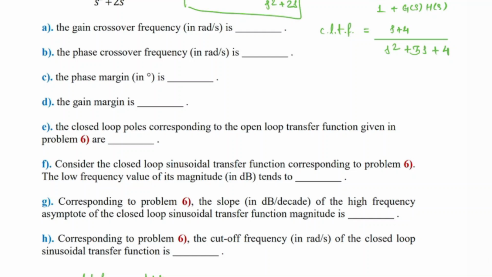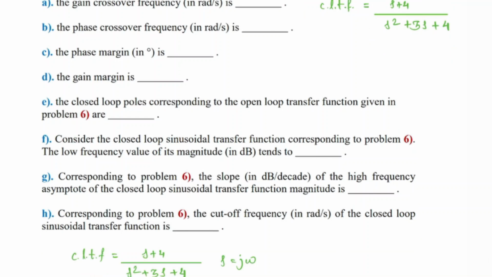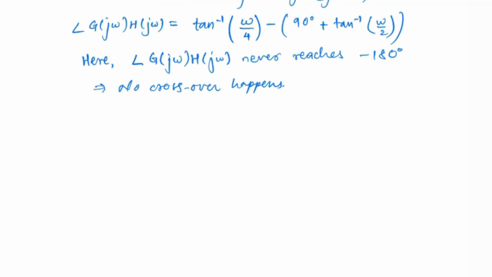Now we have to find the phase margin and the gain margin. Phase margin is how much phase we are left with when we reach the crossover frequency, that is omega g. It is given by 180 degrees plus the angle at omega g.